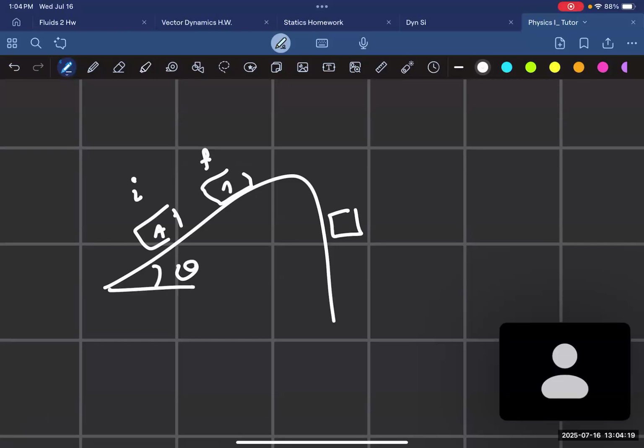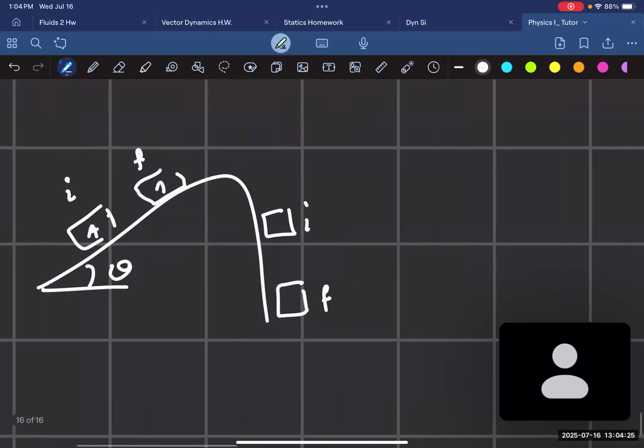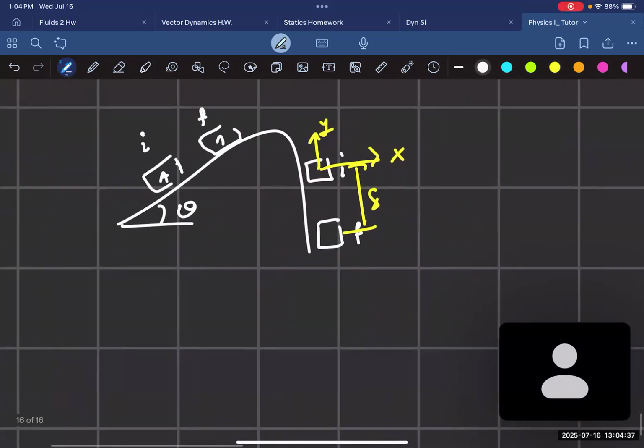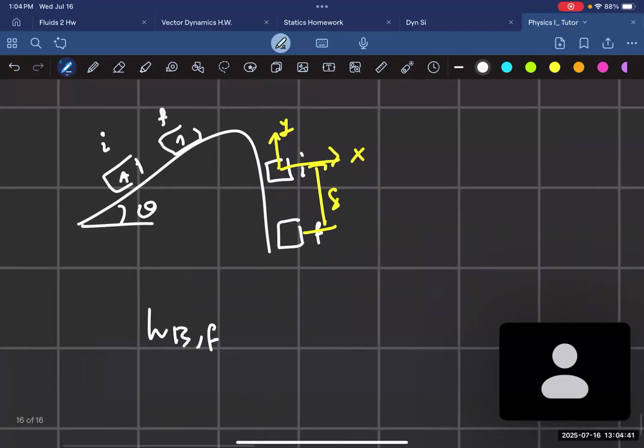And once again, this is the initial position, this is the final position. If we set our coordinate system right here, and it went down by a delta amount, our height of B final would be negative delta.